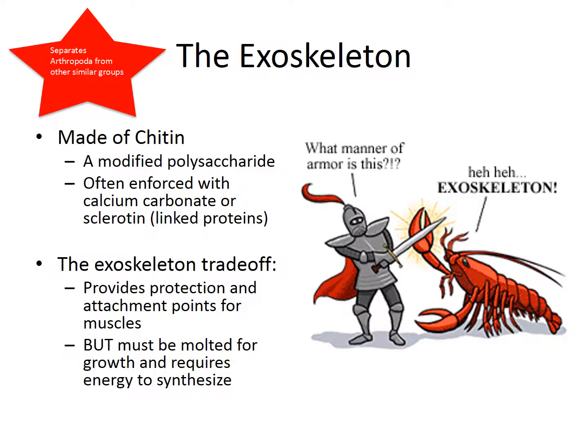First, the exoskeleton provides protection and various attachment points for muscles. But at the same time, this hard outer skeleton has to be molted in order for the arthropod to grow. And it also requires a good deal of energy for them to synthesize. But this molted exoskeleton is also a feature that defines arthropods.